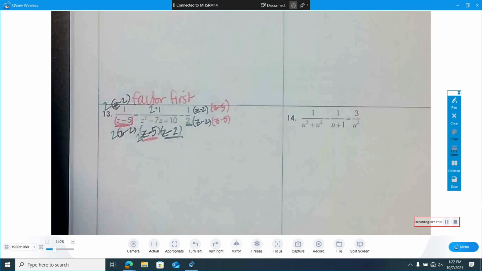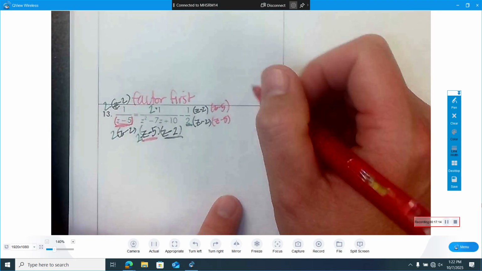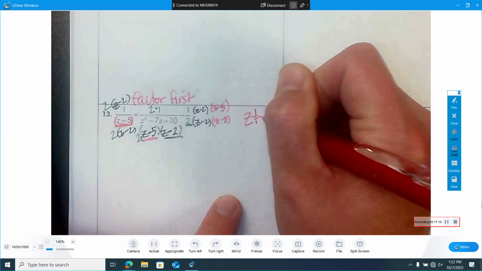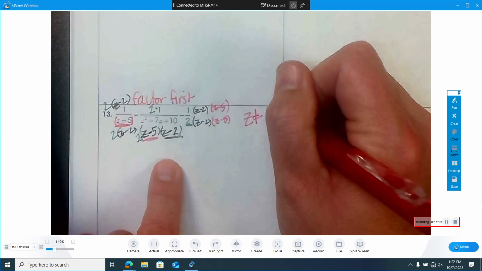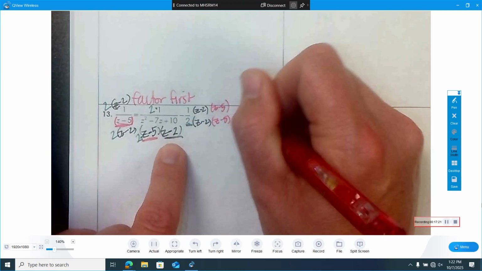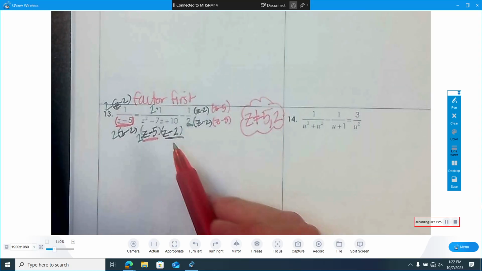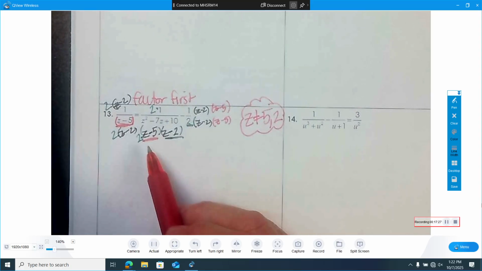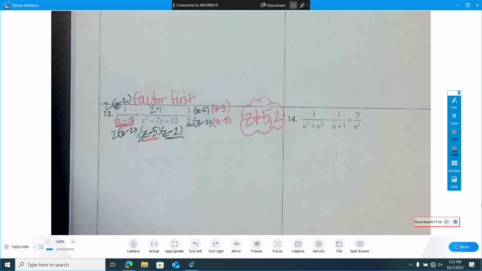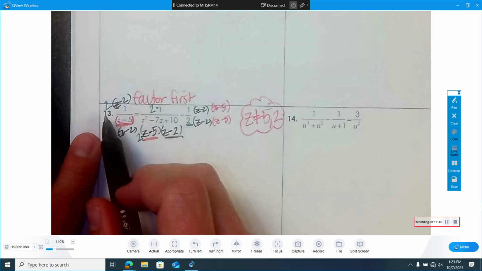Our denominators match. But before I go any further, what are all the values that z is not allowed to equal? 5 and 2. If I plug in a 2 there, 2 minus 2 would produce a 0. That's no. And 5 minus 5 would produce a 0 in the denominators. That's not going to work. All right. Our denominators match, so I am just going to rewrite everything.